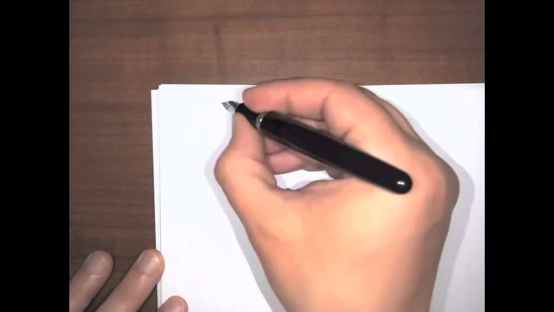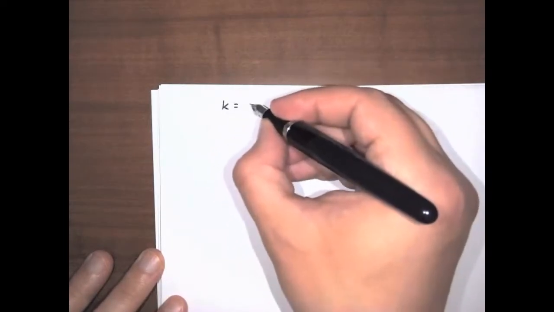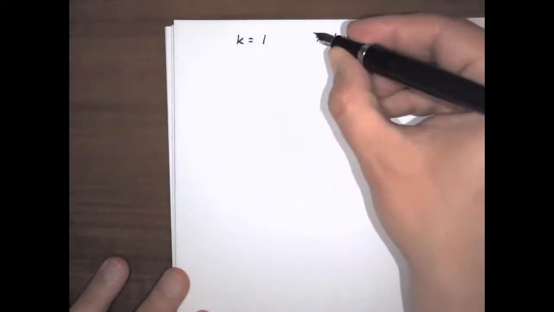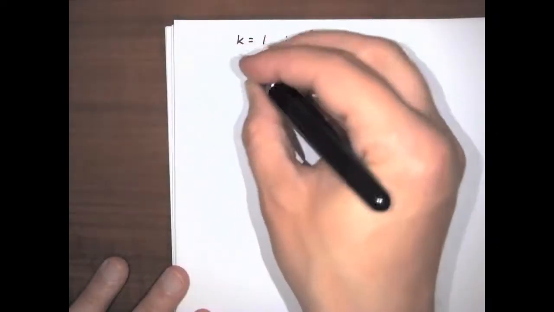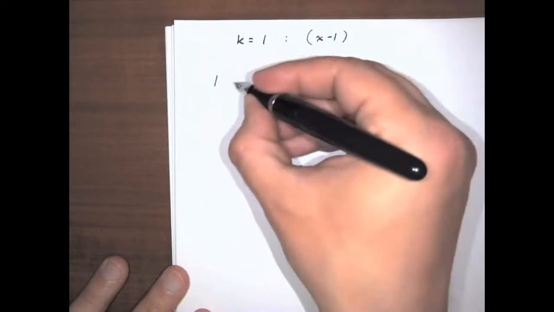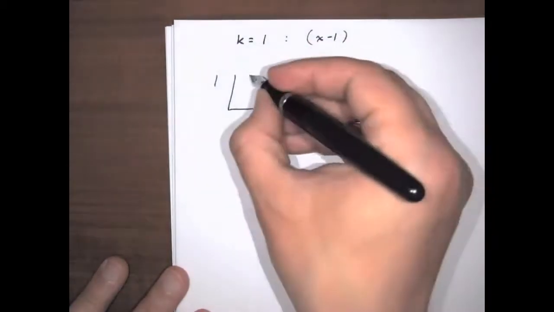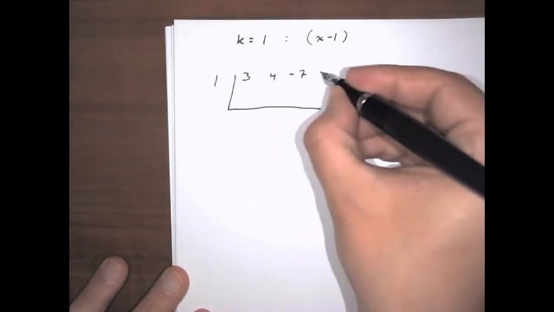Let's just try k equals 1. So this means we're going to look for a factor of x minus 1. Okay. Basically, I'm just trying the easiest one I can find. 3, 4, -7, and 2.